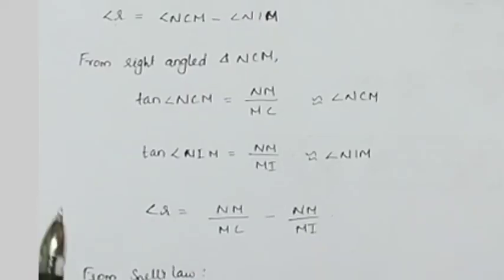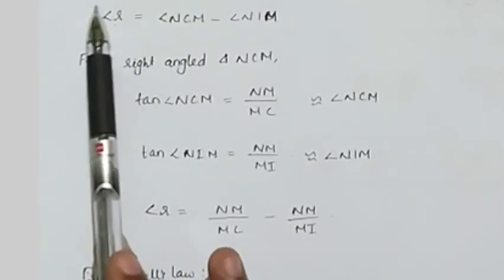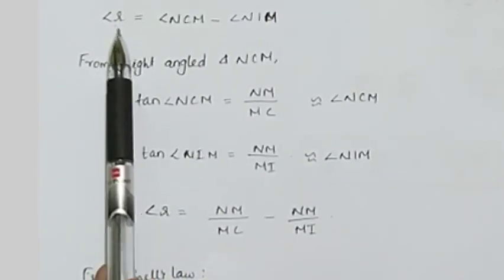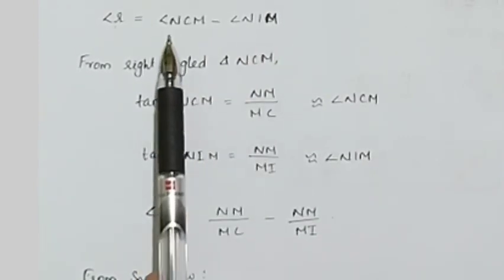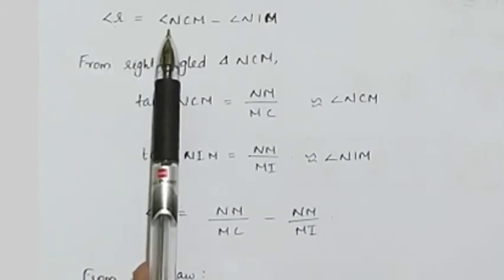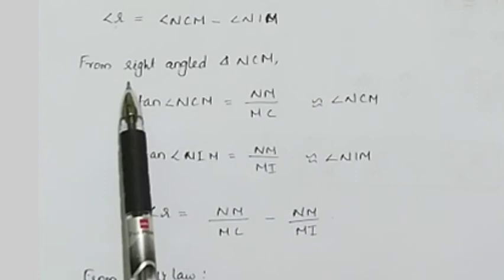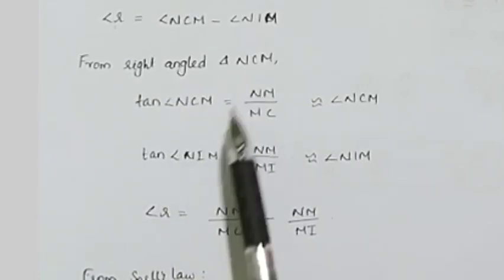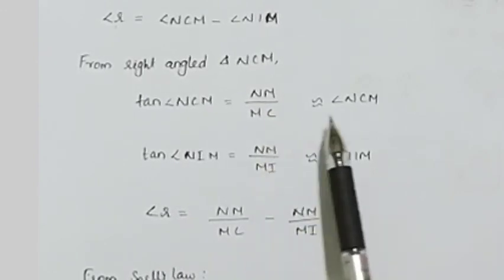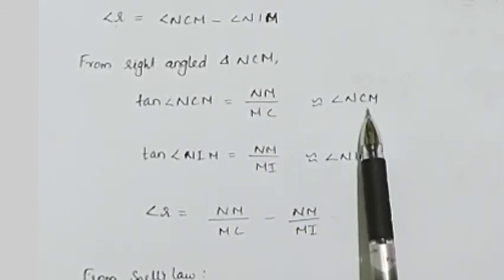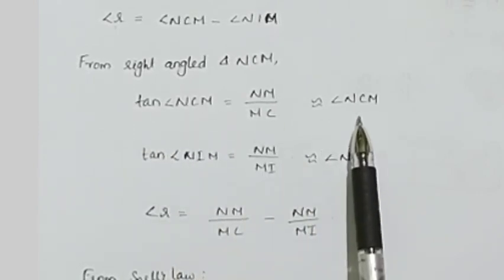So as we said, by considering the triangle NIC, we can write the angle of refraction, angle R, as the exterior angle minus the other interior angle. That is, angle R is equal to angle NCM minus angle NIM. And by considering the right angled triangles, we have obtained tan of angle NCM as NM by MC, which can be approximated to angle NCM itself, because for smaller angles tan theta is approximated to theta itself.